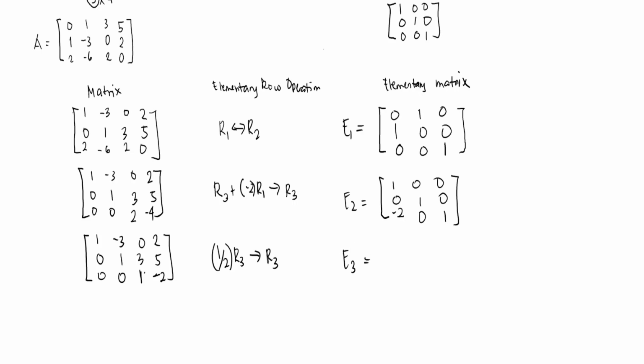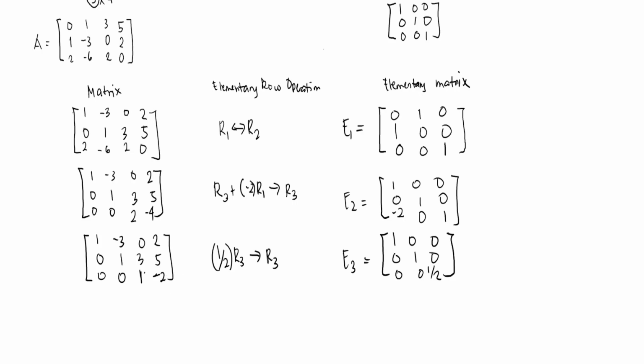We apply the same elementary row operation to the 3 by 3 identity matrix, so we multiply by 1/2, so that is 0, 0, 1/2. Notice that we now have a row echelon form of the given matrix.